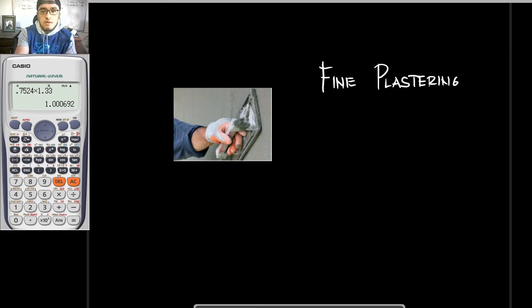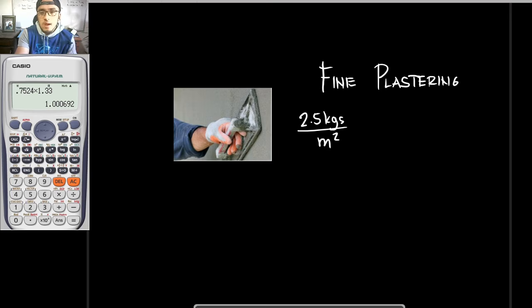Our factor in fine plastering is this: 2.5 kilograms of cement is needed to cover 1 square meter of wall.